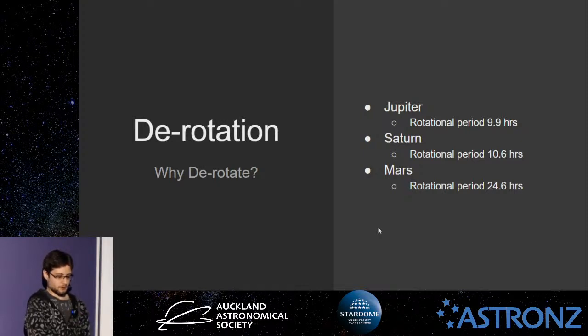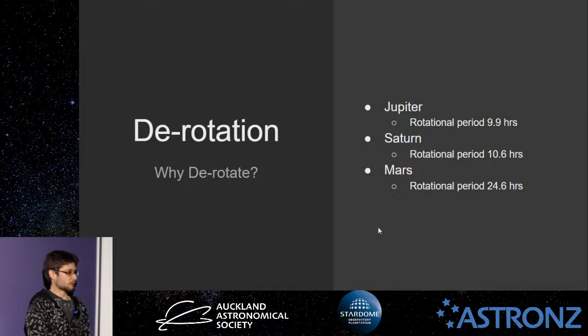So we're limited to the length of exposure we can take. For Jupiter, it's around 2 or 3 minutes. Saturn, about 5 minutes. And Mars is also about 5 minutes. It depends on the equipment you're using and how far or close it is to us at the moment. But they're just general rules of thumb.